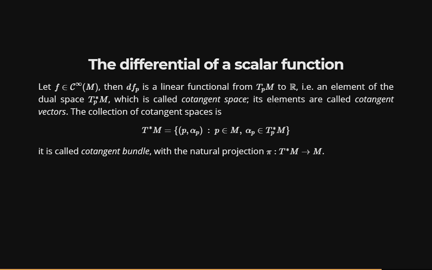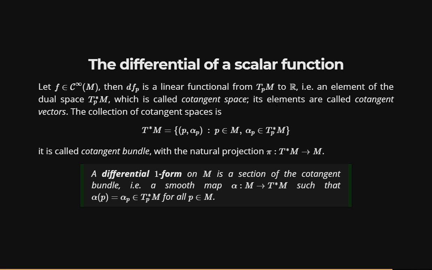You can define the cotangent bundle, and a differential one form is a smooth section of the cotangent bundle. So it's a smooth map from M to T star M, such that at every point, and so on, the same thing. Now, the differential of a scalar function is a special case of this. So when we write df, we are actually writing a differential one form.